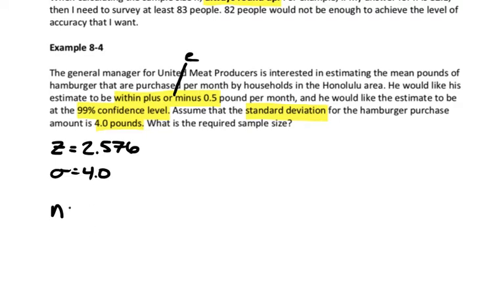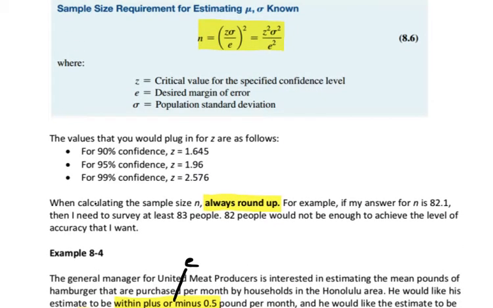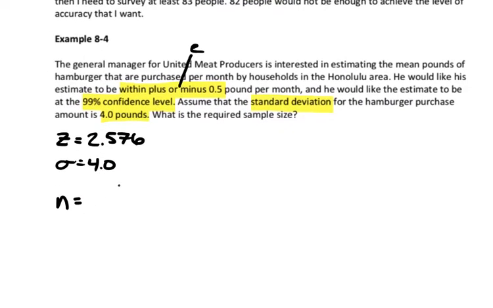So let's plug into the formula. It's going to be z times sigma divided by e. Go back up here. Z times sigma divided by e, and then square the whole thing. So we have 2.576 times 4.0, or just 4, divided by e, which is 0.5.